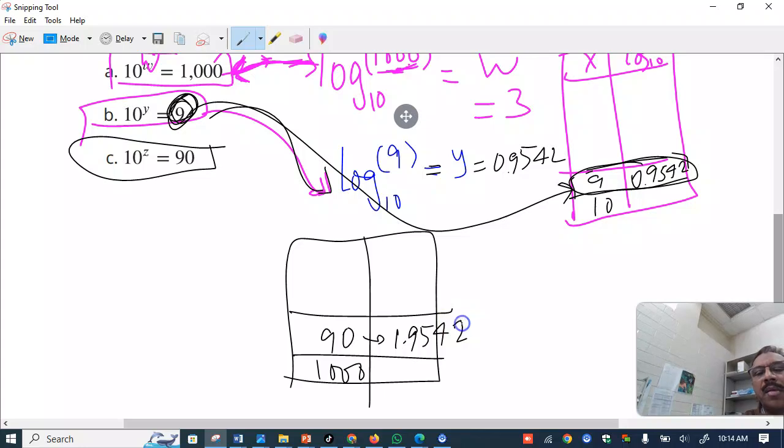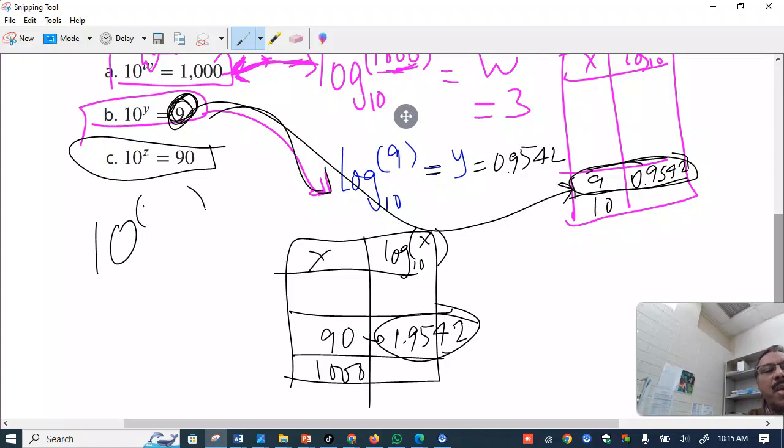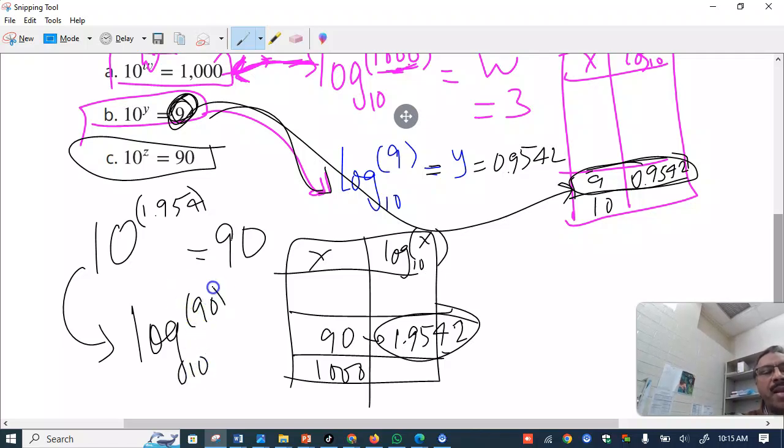So that means it has to be 10 raised to this number, because this is x and this is log x base 10. 10 raised to 1.9542 is the only way you get 90, because this expression is written as the logarithm log base 10 of 90 is 1.9542.